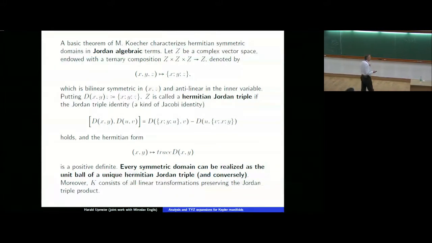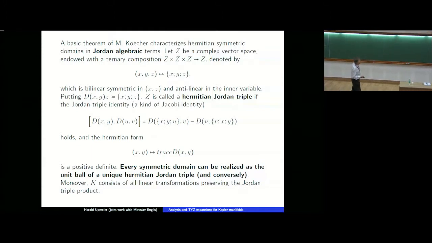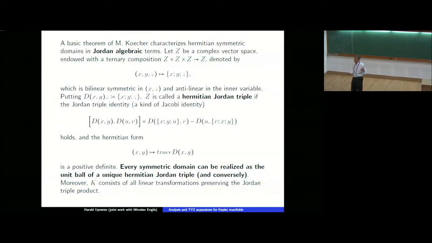The linear combinations of D's become a Lie algebra. That is what this says. So D depends on x,y, D depends on u,v, and of course, on the other side, they must show up again, the vectors x, y, u, v, and that is the formula. This is actually a kind of Jacobi identity. If I had time, I could explain in more detail. It is related to Cartan's theorem that the Lie group Aut D is a Lie group, and so on. So that has to hold.